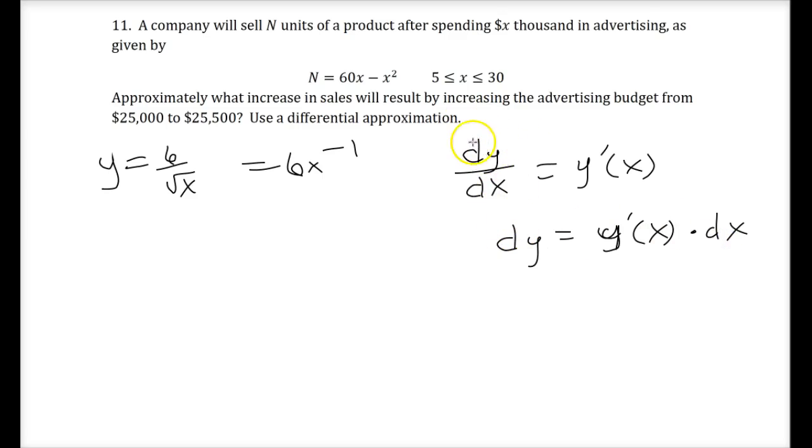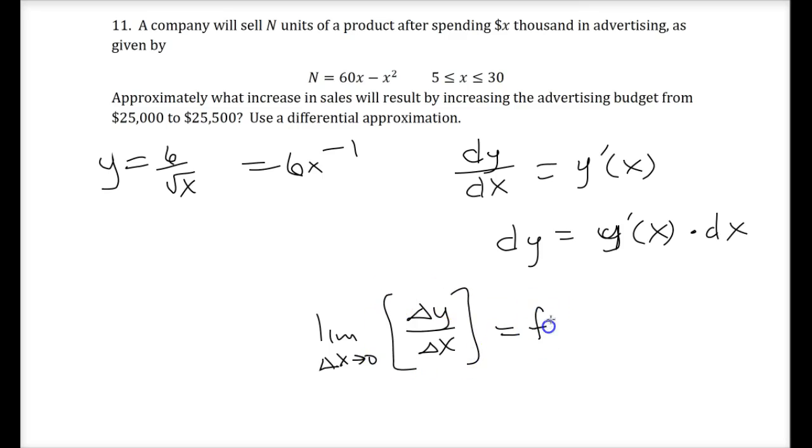The whole notion of dy over dx is just the change in y over the change in x. And if we look at the limit of that, it means the same thing as taking the derivative of y with respect to x at a particular x value. And we're going to use this to approximate an incremental change. Okay.